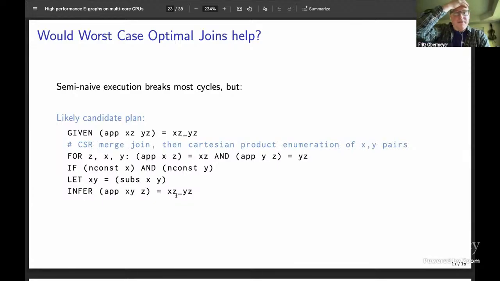And one question I have for you guys is whether worst case optimal joins would help. So in that one rule up, we looked at this rule with the original non-const filtering rule, and there's this Cartesian product, or there's this join, like the CSR merge join. So what it does is it has the two cursors and marches along with the z's, and then for every set of x's and y's, it enumerates over the Cartesian product of those y's.